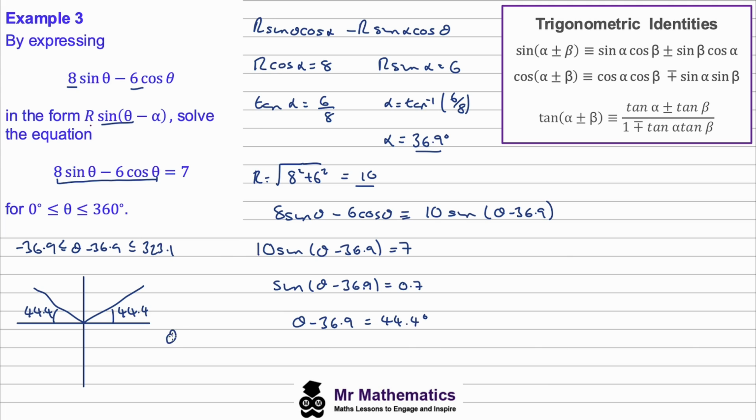So theta minus 36.9 will have solutions at 44.4 and 180 minus the 44.4, so 135.6. To work out theta, we need to add the 36.9 to both sides. We get 81.3 and 172.5.